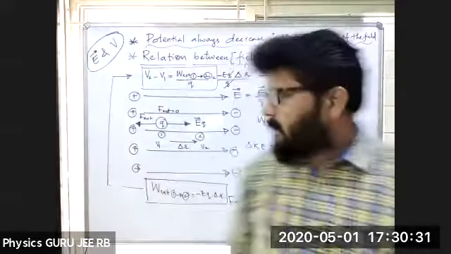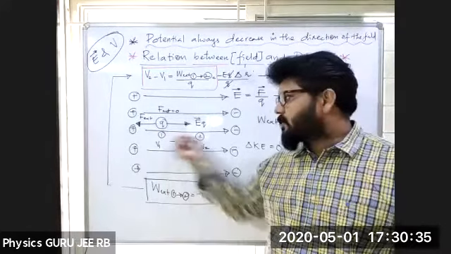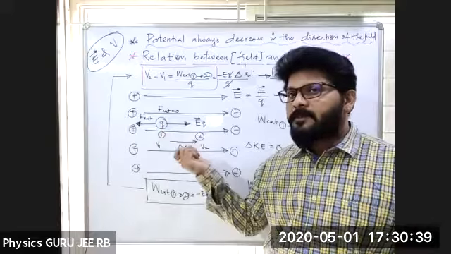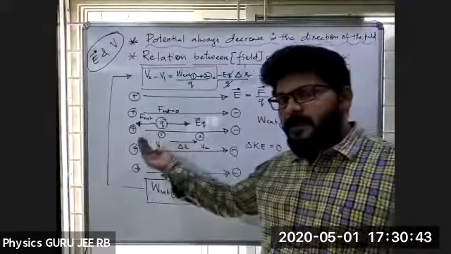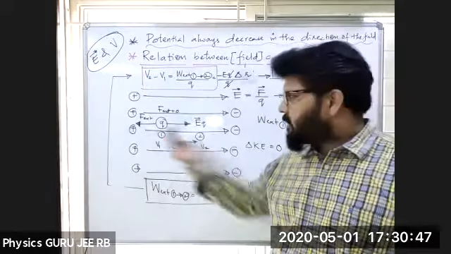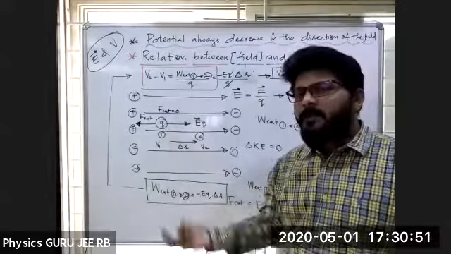In order to get that, we require work done by the external agent to move the charge from 1 to 2. But if I place the charge here, immediately an electrostatic force will be acting, which will try to repel the charge in the direction of the electric field. By itself, it will be moving from 1 to 2.